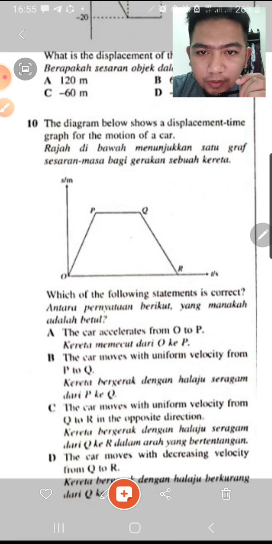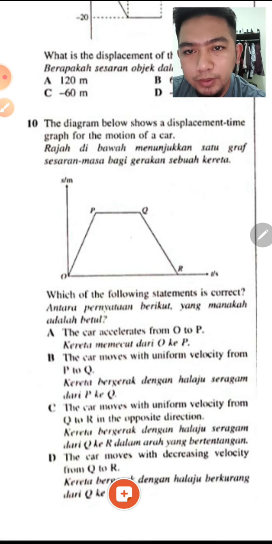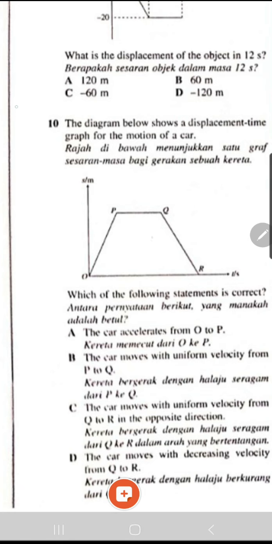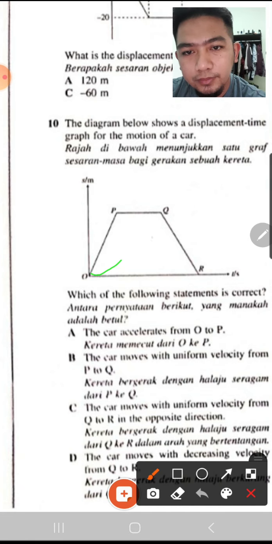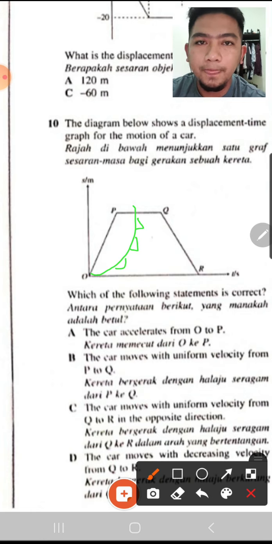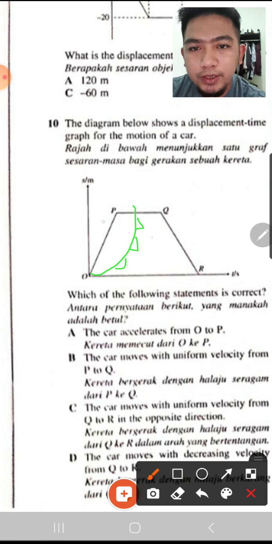The car accelerates from O to P. O to P. So remember, for a displacement time graph, its gradient is velocity. It can also be acceleration, but the graph must be curved. Okay, so here it has increasing velocity. Okay, then it accelerates. But O to P shows uniform velocity. Okay, so that's why A is wrong.